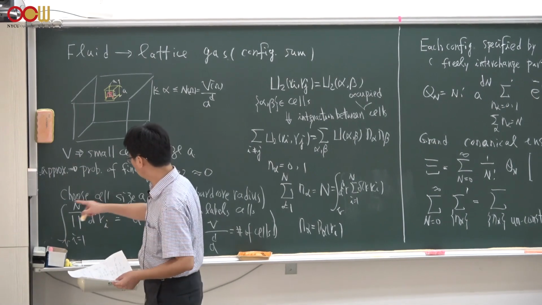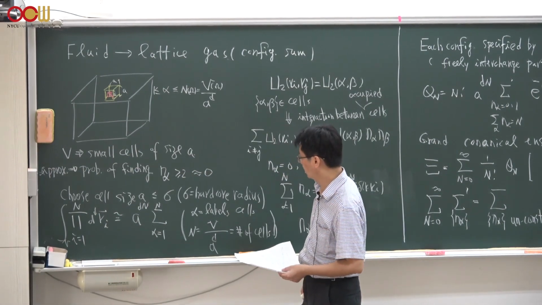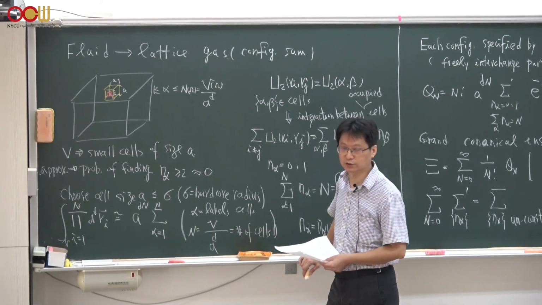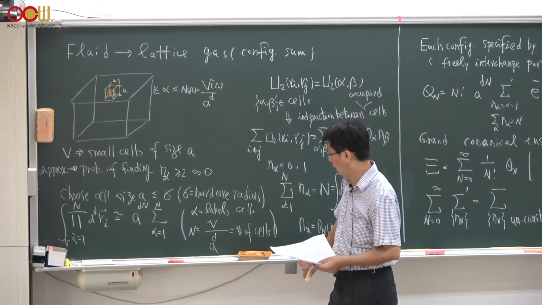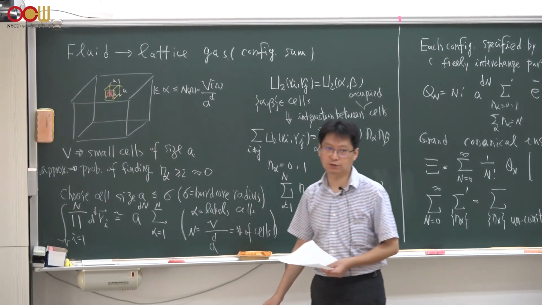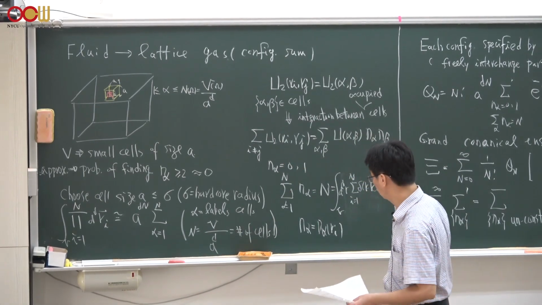The product of this phase space integral now becomes the sum over all these little volumes of alpha unit cell, and the total number of cells is given by the ratio between the total volume and each unit cell volume.